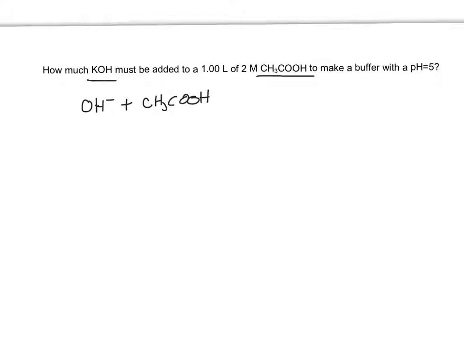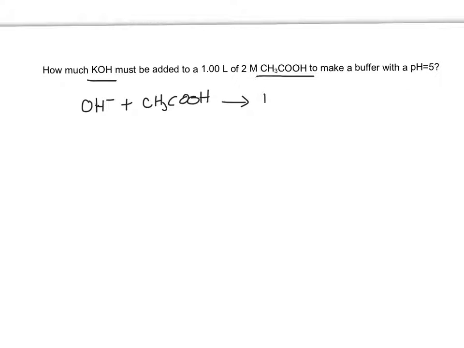And what would I form? Well, this is a base. This is an acid. A base is a proton acceptor, so it's going to grab an H plus from the acetic acid to form water. And then the acetic acid is going to donate an H plus to form acetate ion.